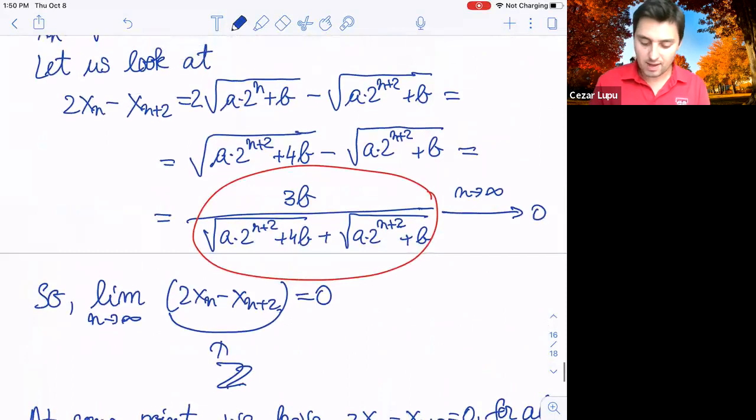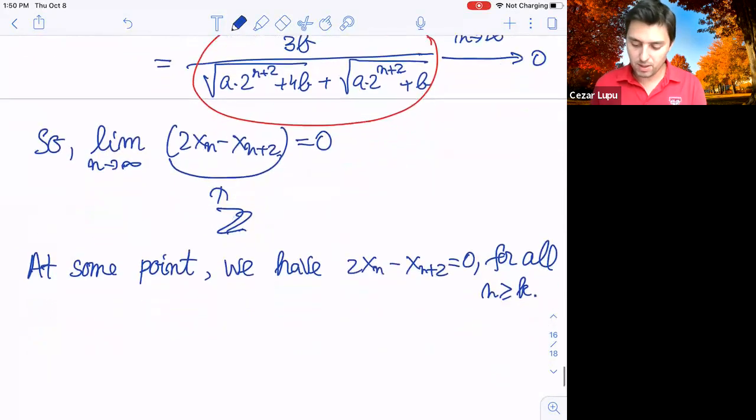So this means that this guy is 0. But when this is 0, look at it, it follows that 3B is 0. So B is 0.